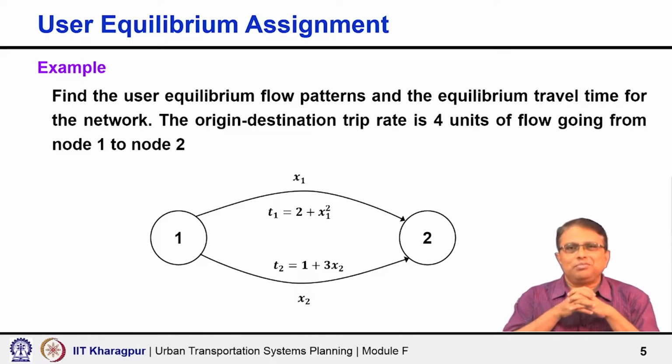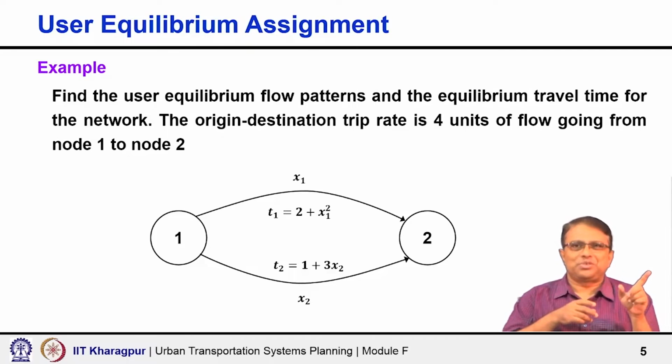In this example, you do not need to apply the mathematical formulation to solve it, you can solve it very easily, but that is not the objective here. The objective is to get the solution using this formulation. Of course, it is a classroom example, so there is no point in increasing the complexity of calculation.